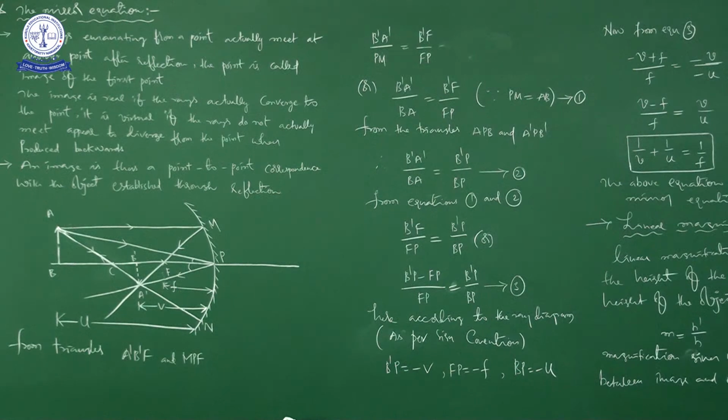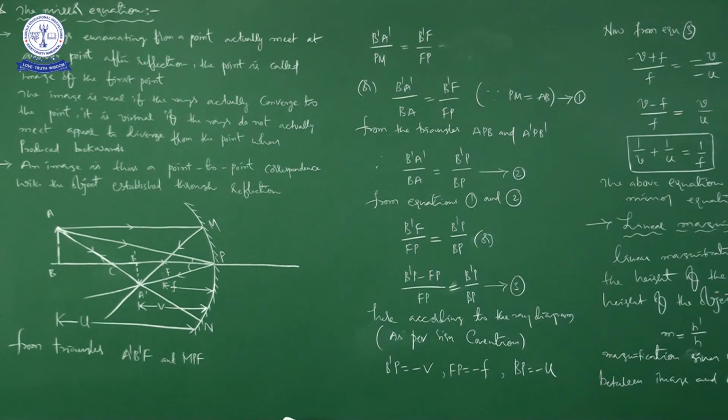Next, B dash A dash by BA is equal to B dash F by FP, right?